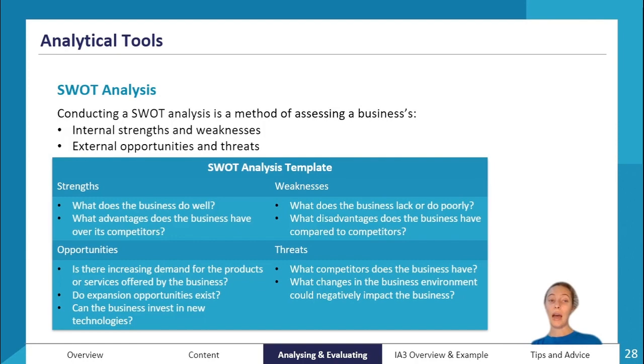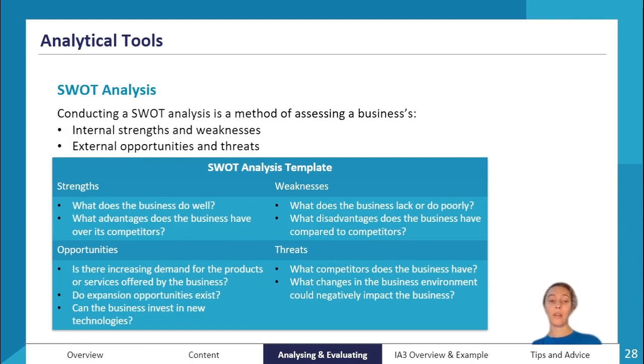And then you're looking at the external opportunities and threats. So, is there increasing demand for products or services offered by the business or not offered by the business? So, the business could expand into that area to make use of that increased demand. Do expansion opportunities exist?